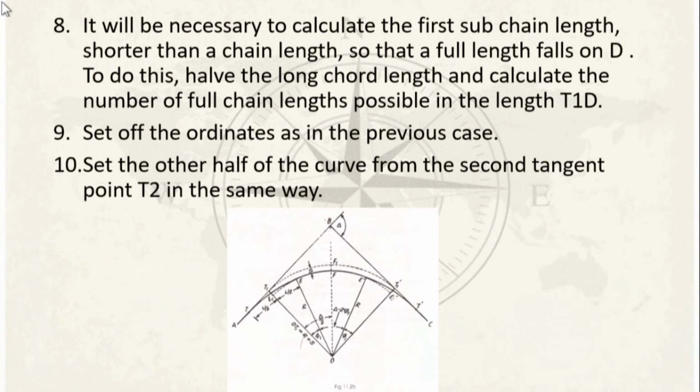Set off the ordinates as in the previous case. Set the other half of the curve from the second tangent point T2 in the same way. You can do that. And I think you are clear with the procedures, and in the coming slides I will be explaining the formulas.